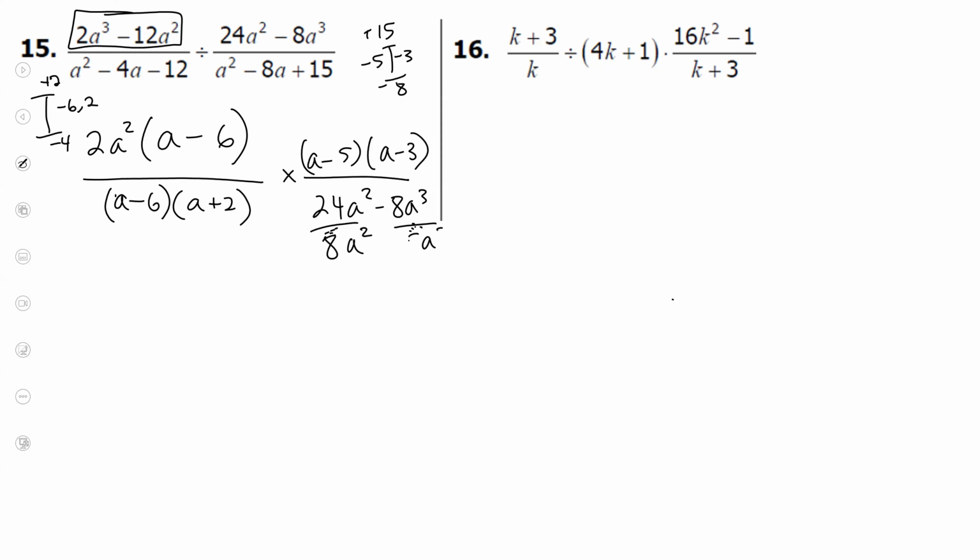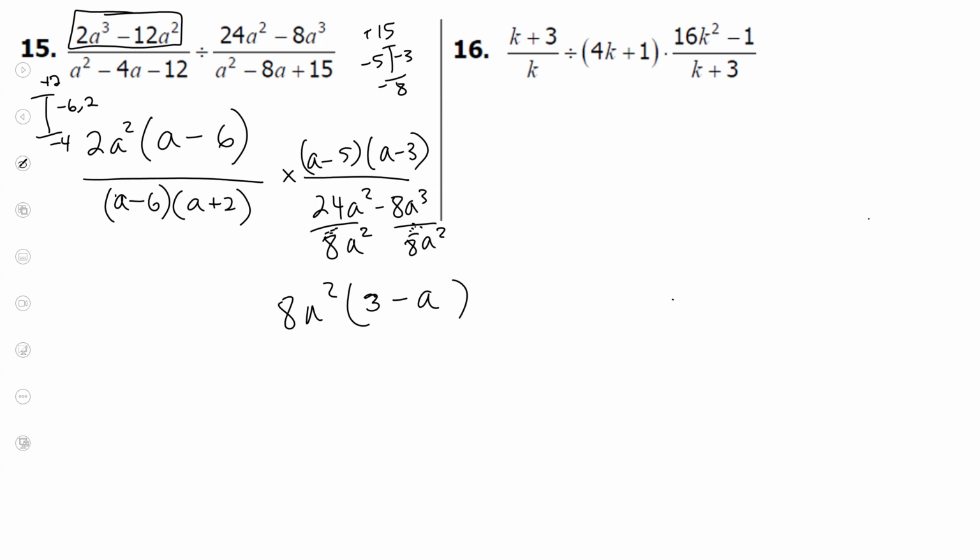Okay, so 8a squared is on the outside. What would be left? 3 minus a. Okay, cool.